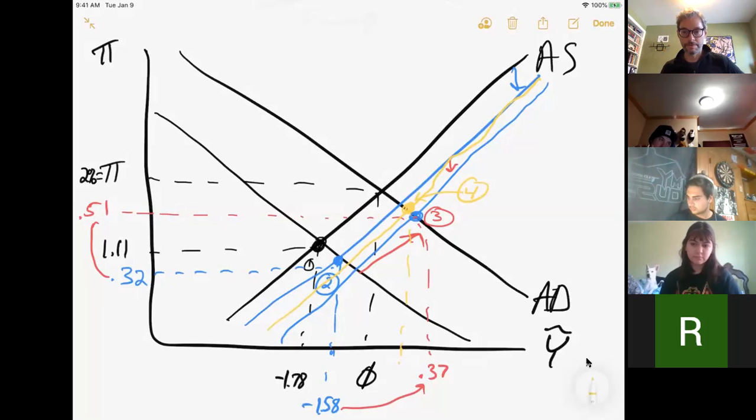Short run output should fall closer to 0. And actually inflation should go up a little bit as we move back towards the long run. What do you find? Inflation does go up by a little bit to 0.67. Short run output falls to 0.33. So we are going back to the long run.